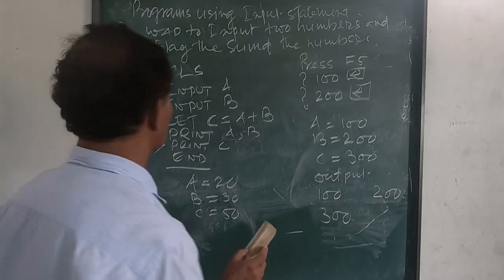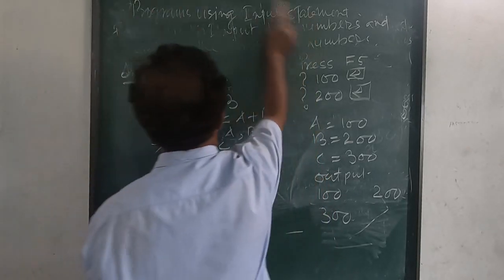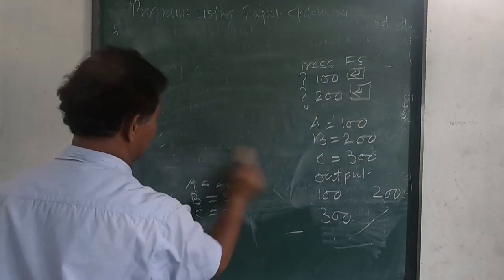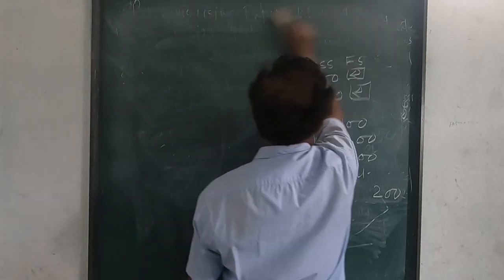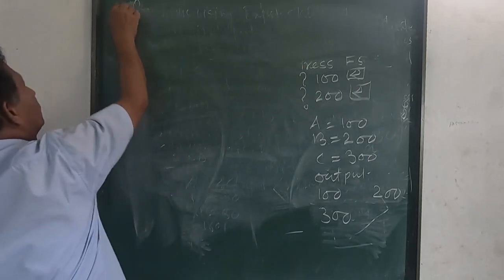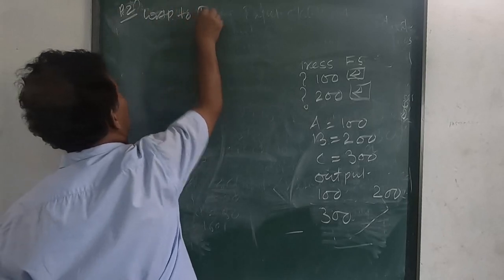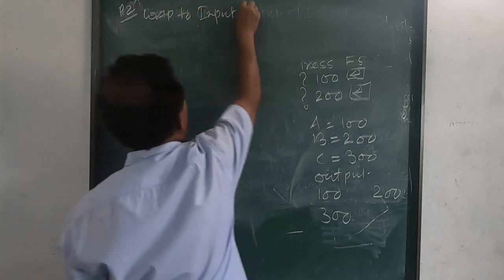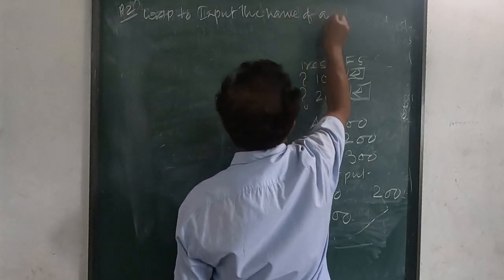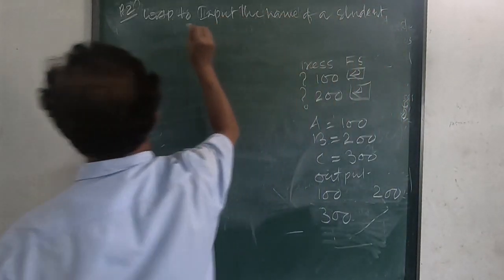Next, one more program using the input statement. Program 2 using input: write a program to input the name of the student and 5 subject marks.